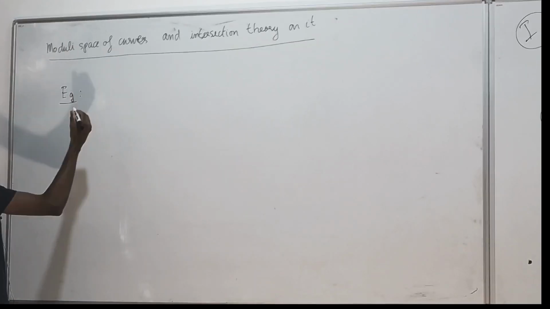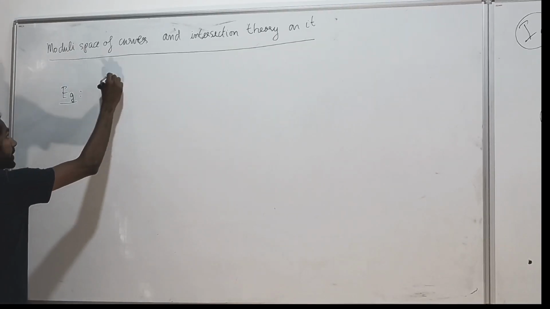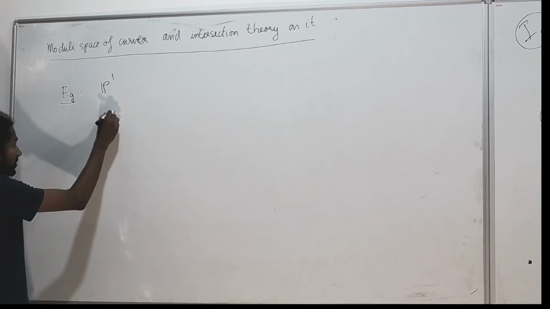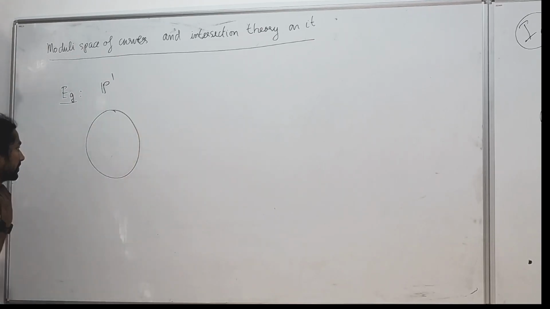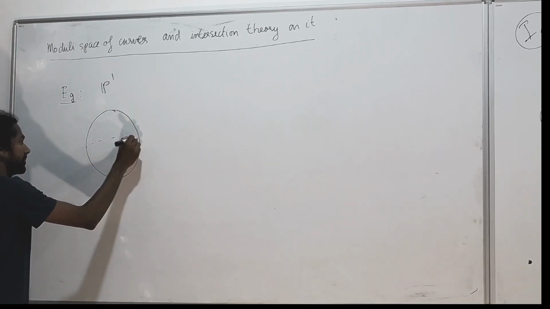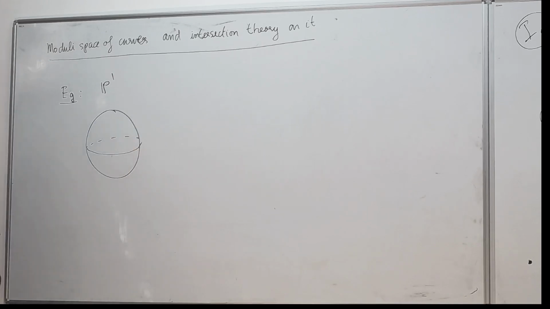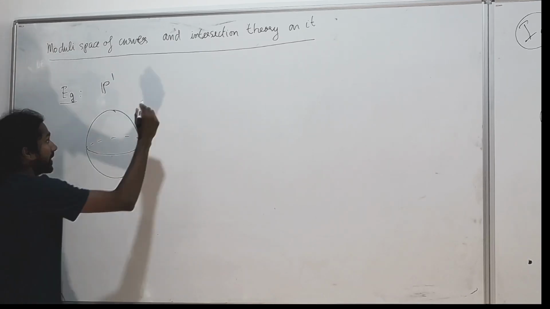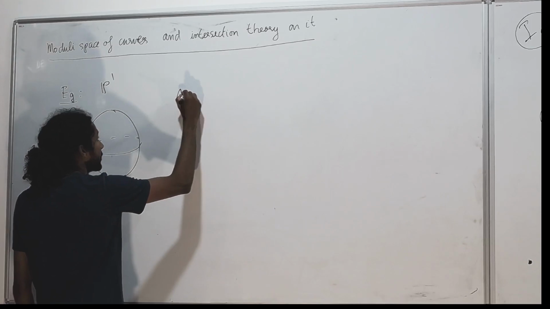It's a curve of genus 0, P1. Interrupt me whenever you have questions, and if something is unclear or if I write something wrong, please let me know. And P1 has automorphisms. What is the automorphism group of P1?